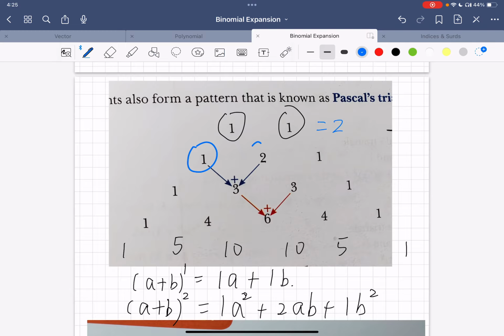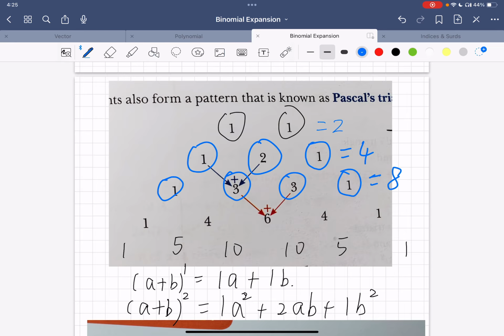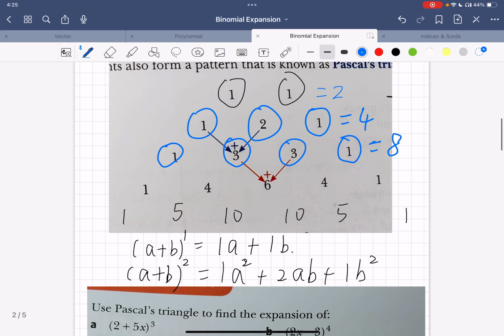And 1 plus 2 plus 1 equals 4. And 1 plus 3 plus 3 plus 1 equals what? 8, right? Okay, so here is a pattern.